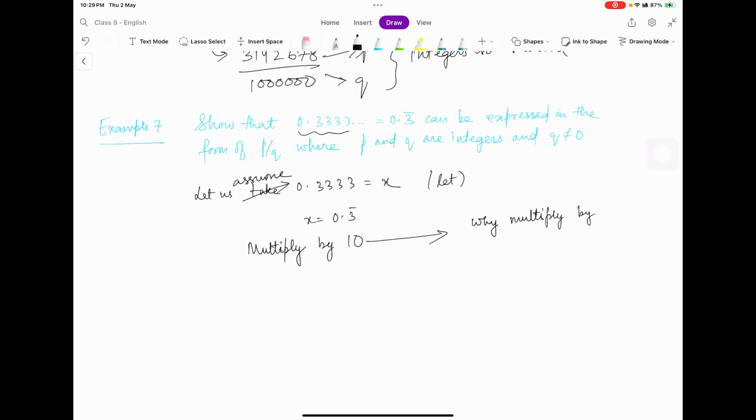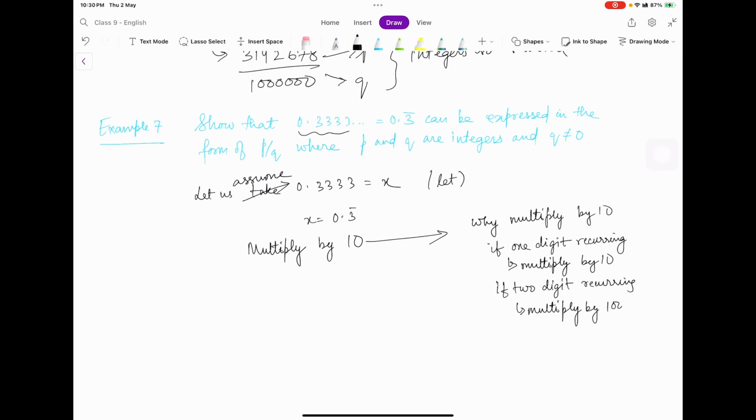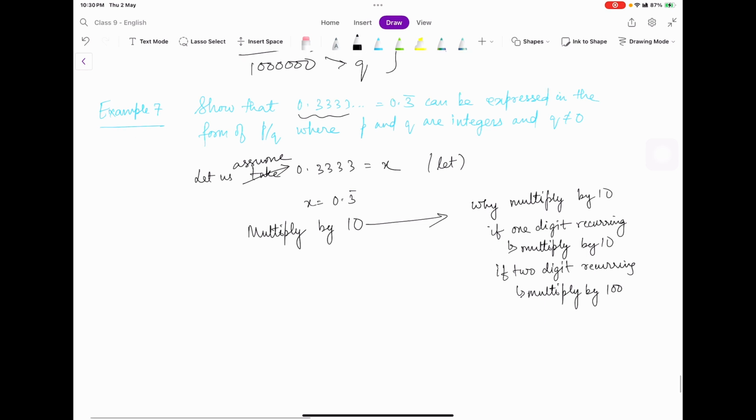Only if one digit is recurring, I am writing recurring, multiply by 10. If two digits are recurring, multiply by 100. If three digits are recurring, multiply by 1000. Why, you will see.